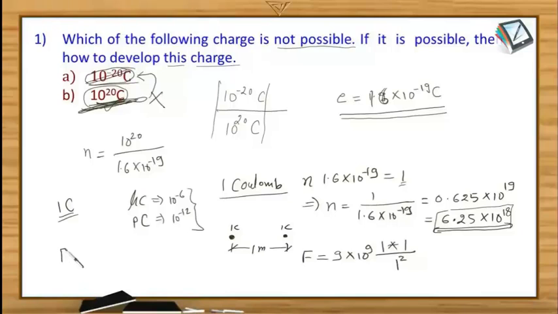You remember the formula, Coulomb's law, that we have just read just now. It is K into Q1, Q2 divided by R square, where K is 9 into 10 raised to the power 9. So here it is. So force is 9 into 10 raised to the power 9. So 9 into 10 raised to the power 9 Newton.